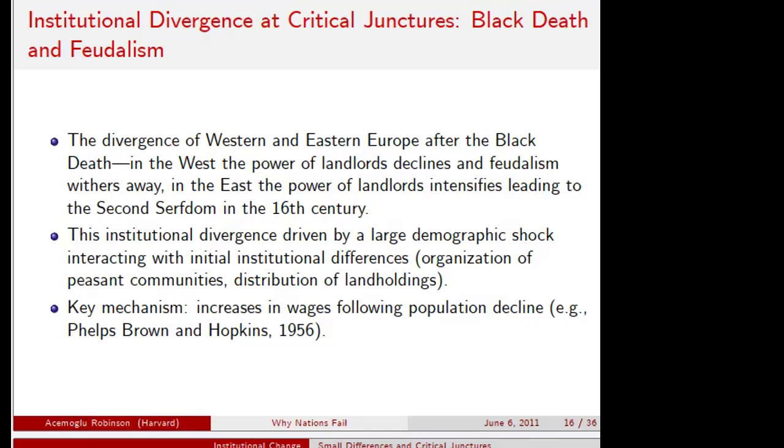So when labor became scarce because of the plague, Western European landlords had to compete for workers by offering them better terms, better incomes, better pay. Eastern European landlords responded by using their political power to legalize or to prevent workers from leaving.